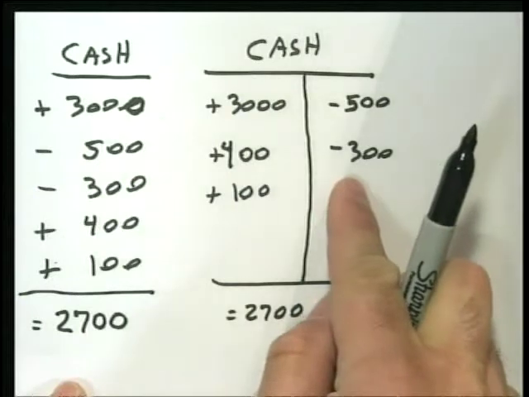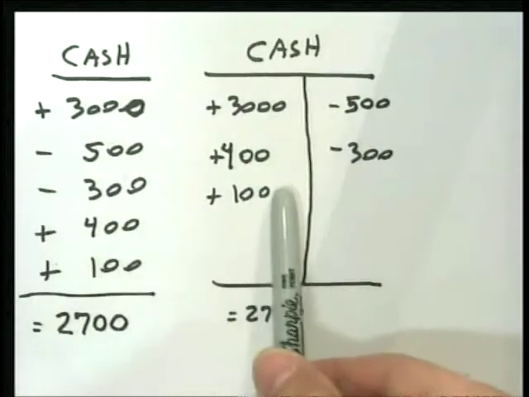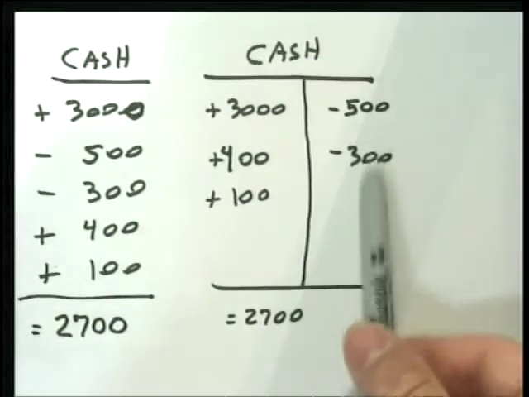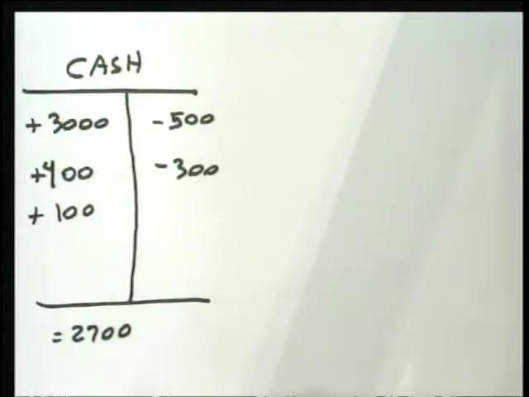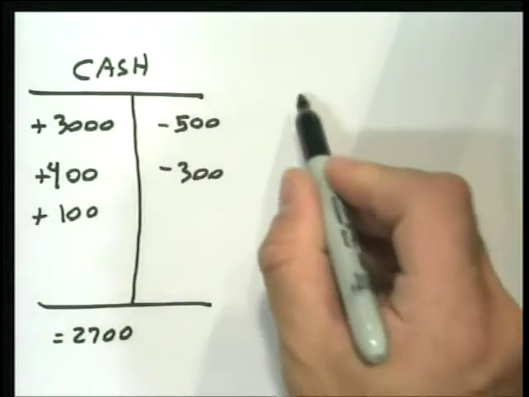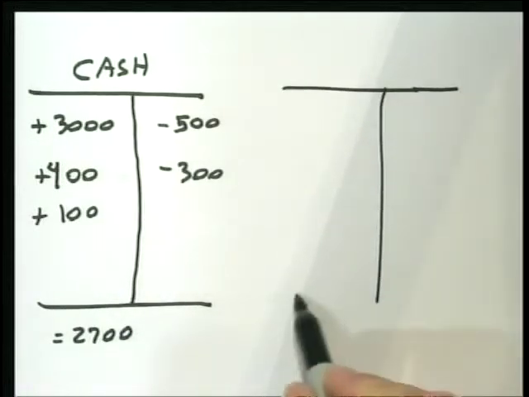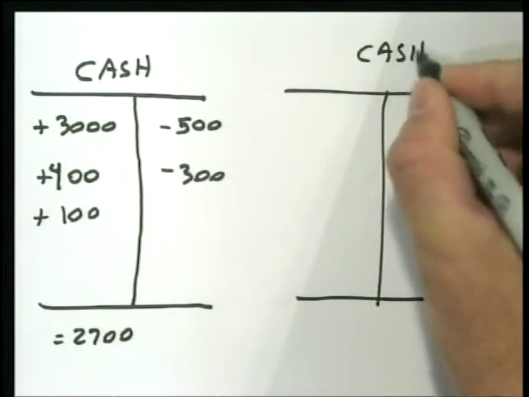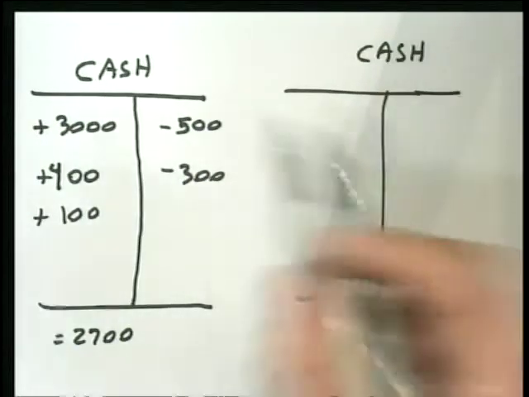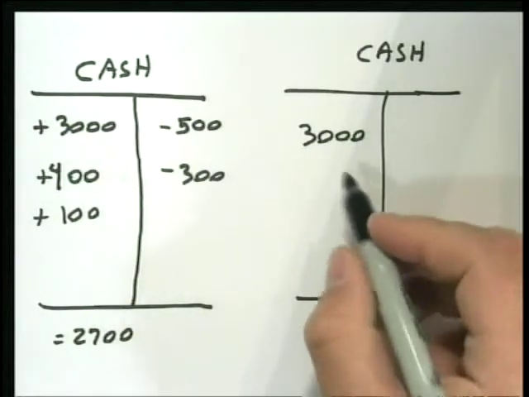Everybody still with me? Okay, now what if, since I know that for cash the increases are on the left side and the decreases are on the right side, what if I change this just a little bit and got rid of the plus and minus signs, and I just said, okay, we know these are increases, so I'll put those there.